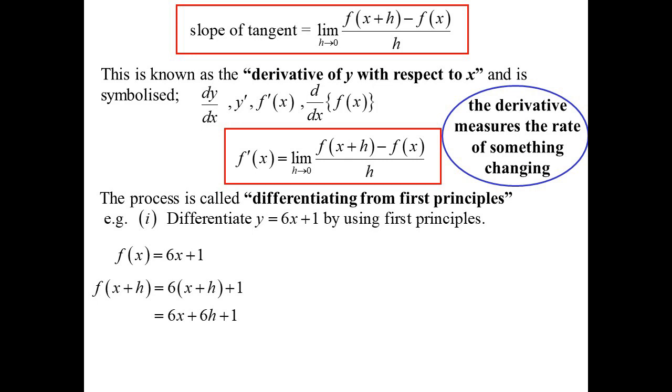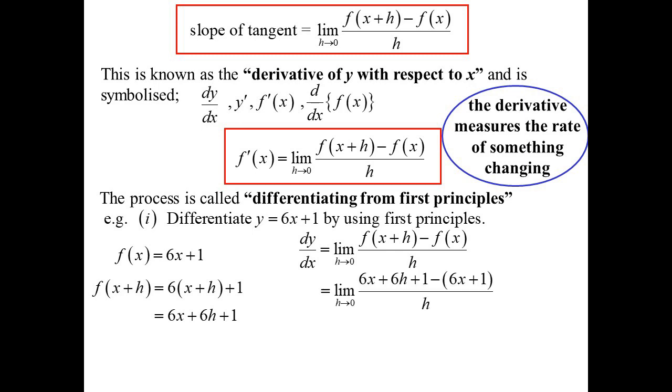And so my derivative, h approaches 0, let's sub in. We've got some tidying here that we can do. The top of the fraction, the 6x's will cancel, the 1's will cancel. 6h on h, the h's will cancel, and we get a constant 6. So as h approaches 0, we're going to approach 6, because it's 6 everywhere. And that confirms what we knew was going to be the answer.